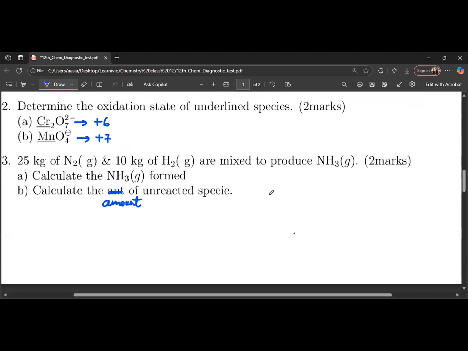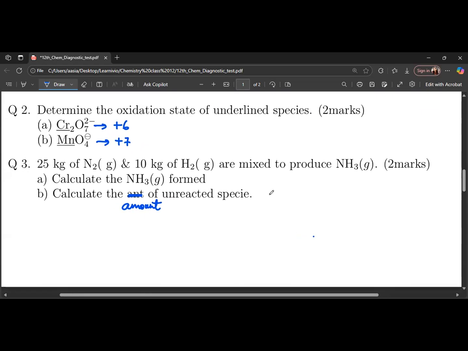25 kg of nitrogen N2 and 10 kg of H2 are mixed together to produce ammonia. So calculate the ammonia which is formed. And the second part is to calculate the amount of unreacted species. Unreacted species means your excess reagent, excess species. This is basically a stoichiometry question from the first unit, Some Basic Concepts, which we have done in the 11th standard.